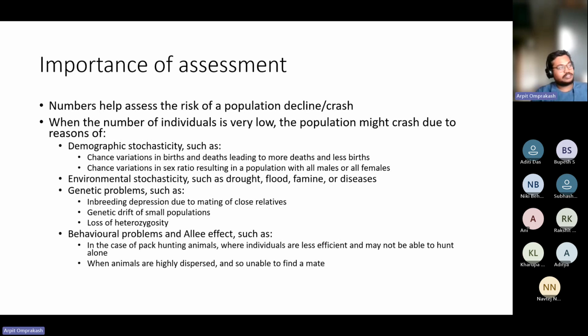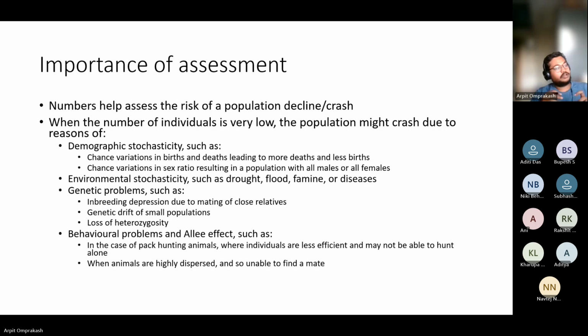Another important reason why we need numbers is to predict if there is a risk of a population crashing, or a population declining very quickly, or going extinct. When the number of individuals in a given population is very low, the population might crash due to various reasons. Some of them are demographic stochasticity.